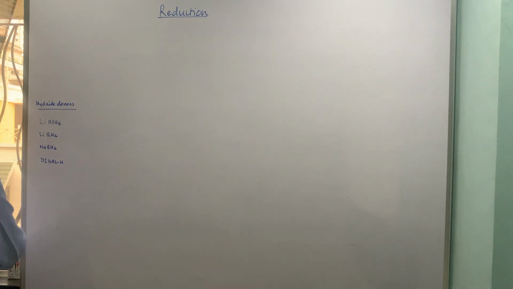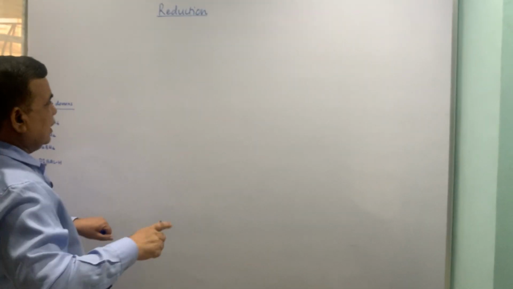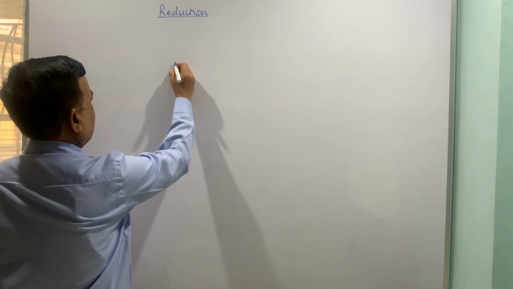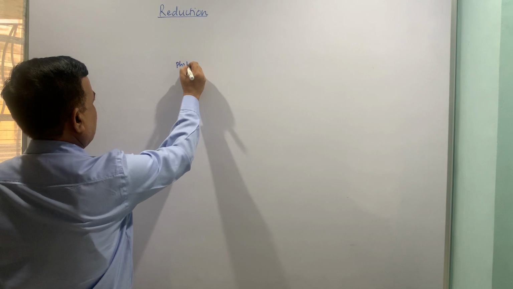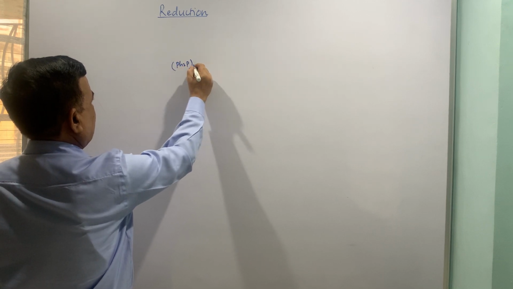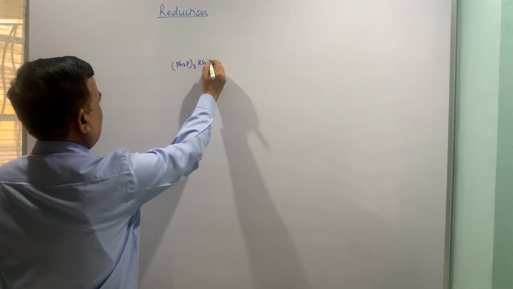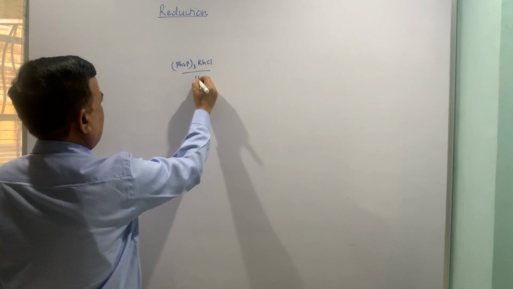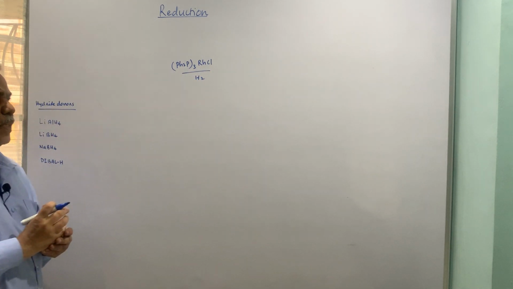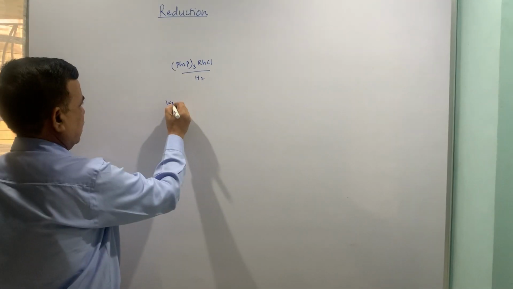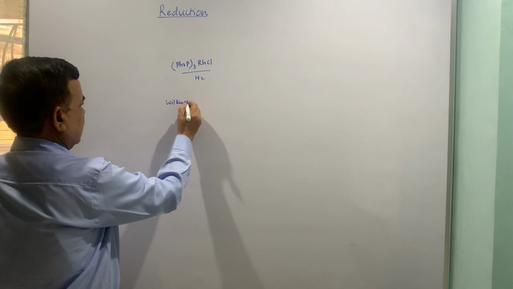One more reagent I will talk about, the reagent here, of course along with hydrogen. Tris(triphenylphosphine)rhodium chloride, this is Wilkinson's catalyst.